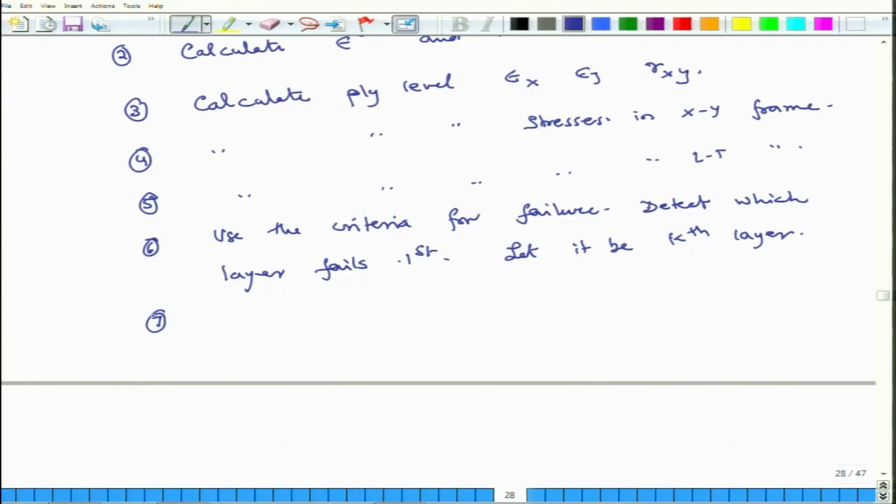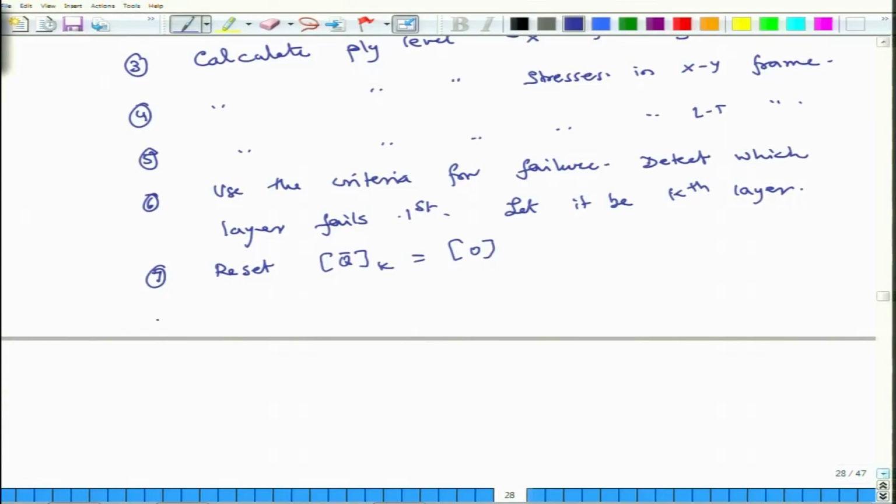So, how do you account for that? Seventh, reset Q bar matrix for kth layer to be 0, because it has 0 stiffness. 8, recompute ABD. 9th, go back to step 2.